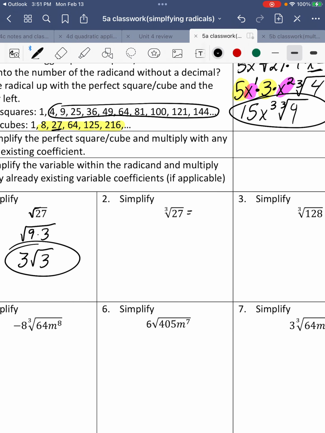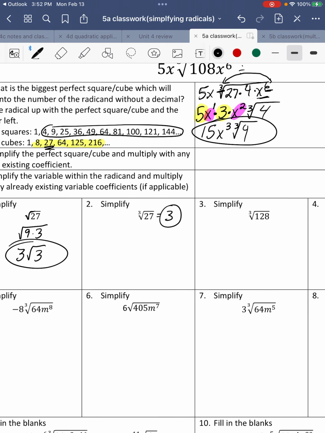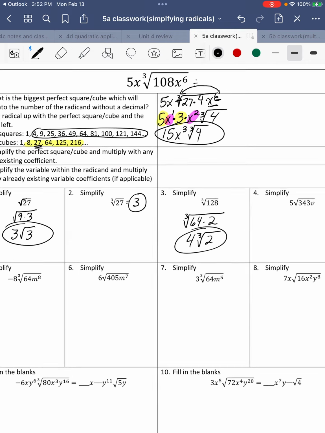Number 2, cube root of 27, that is a perfect cube, so that's 3. Cube root of 128, biggest number that will divide out of 128 is 64. So that's 64 times 2. Cube root of 64 is 4, so this becomes 4 cube root of 2.